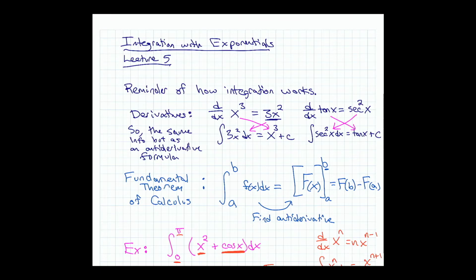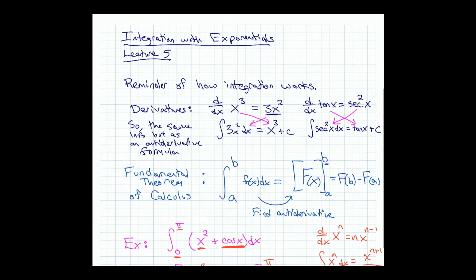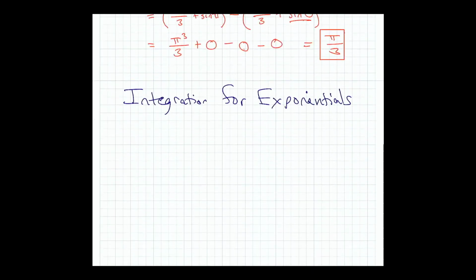So just like I did up here, I wrote some derivatives and then I rewrote them as an antiderivative. We're going to do the same thing here. So in the previous lecture, we learned these derivatives. We learned that the derivative of e to the x is e to the x, nice and easy.